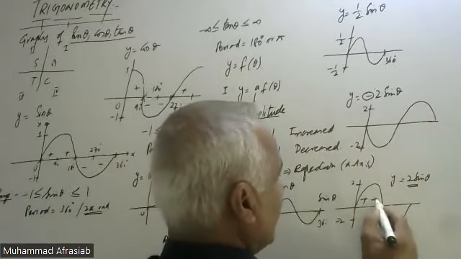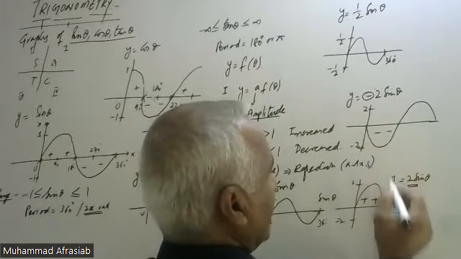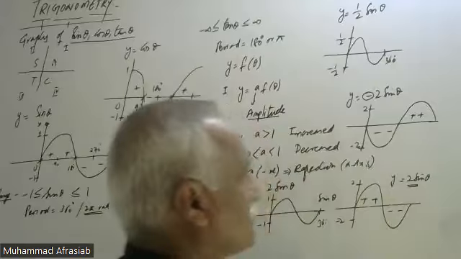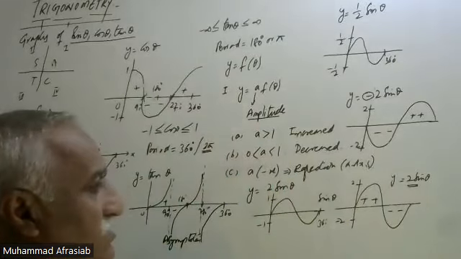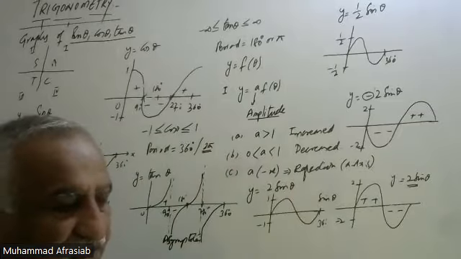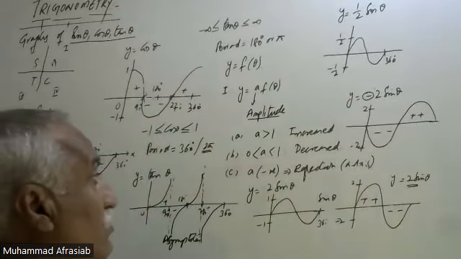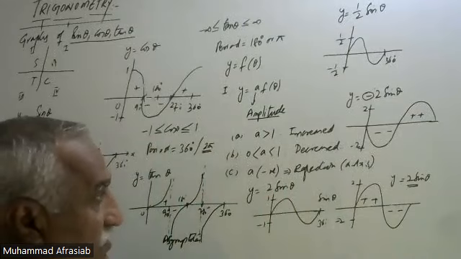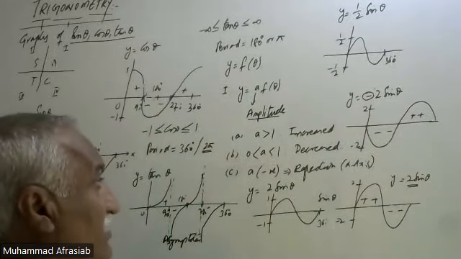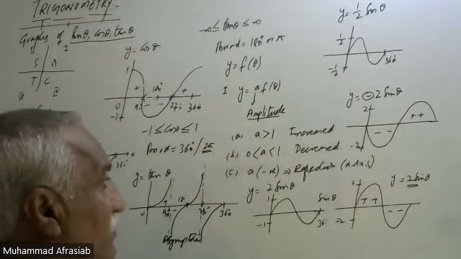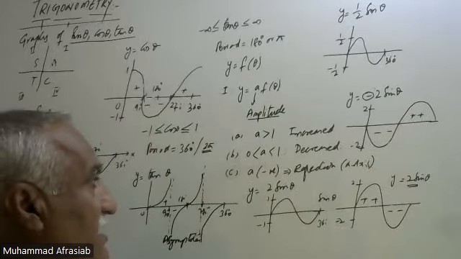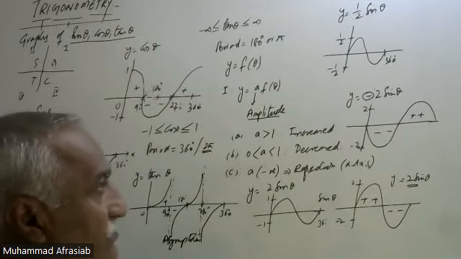Where it was positive first, now it is negative, and where it was negative, now it is positive. So these are the graphs of y equal to a sine of theta. Similarly, we can draw the graph of cos of theta and tangent of theta with this property of a, where a is going to increase or decrease the amplitude of the graph.